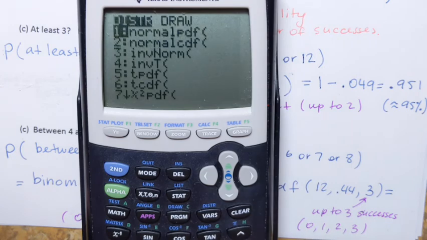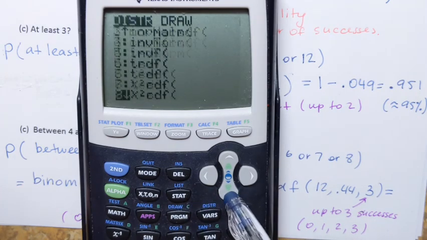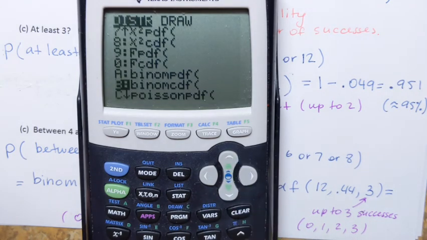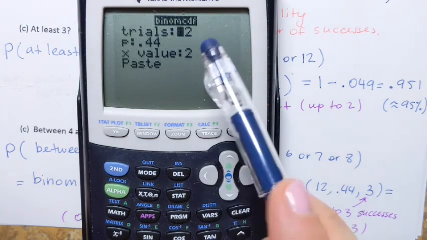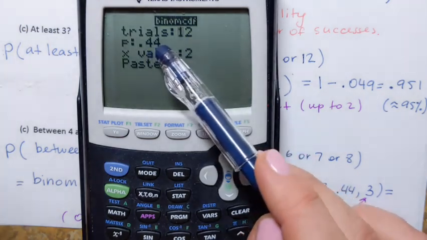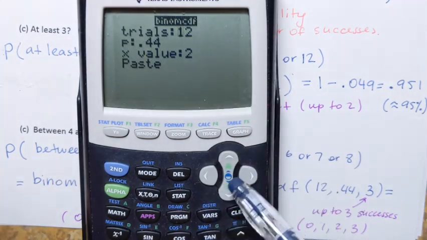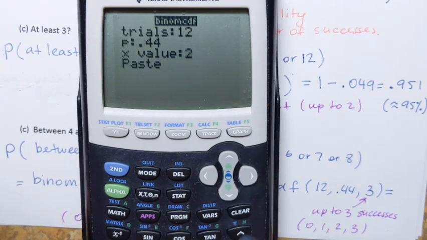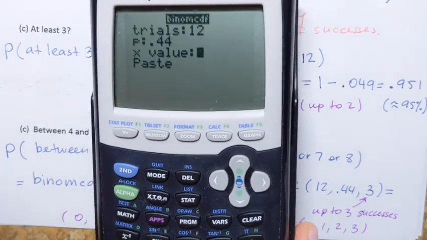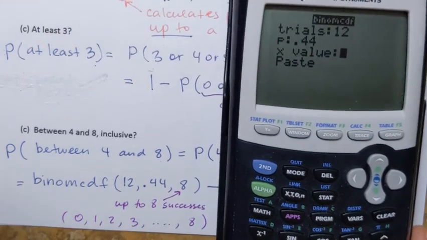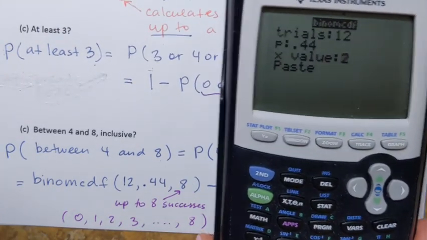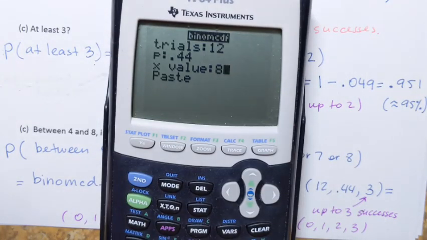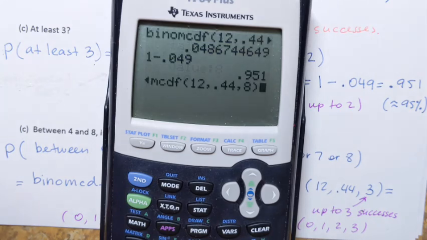Second, vars, scroll down to Binomcdf. Press enter and then enter 12, .44, or separate them by commas if you have a slightly different calculator. Then the x value here will be 8, right? So in this case, 8. So I'm going to press enter.